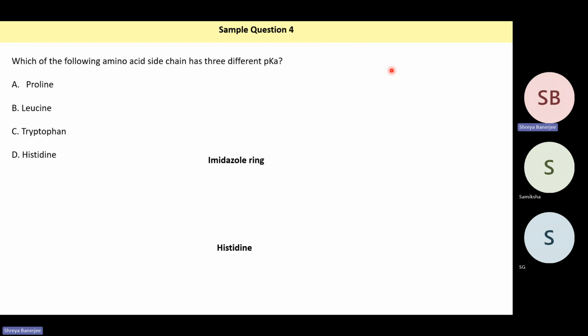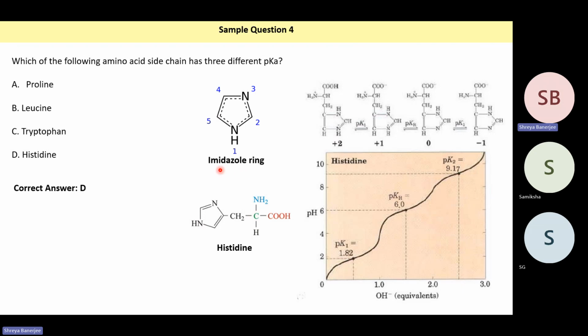So this is actually based on previous classes, not this class. It is histidine. Histidine has a basic side chain. Initially, in very acidic conditions, the COOH is protonated, the main chain amine is protonated, and the side chain imidazole is also protonated. Then as the pH becomes more basic, first the carboxyl hydrogen is lost.